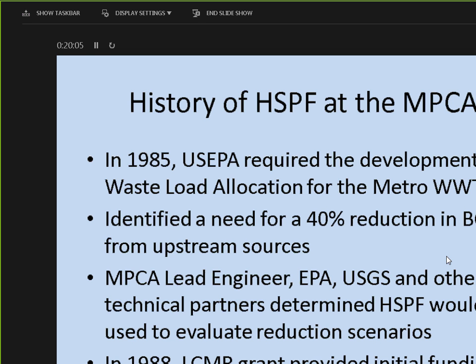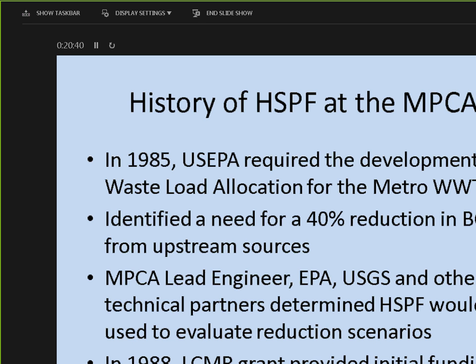So the history of HSPF at the MPCA: I started in '90, so some of this predates me. In 1985, the MPCA had to develop a waste load allocation for the Metro wastewater treatment plant, and that allocation identified a need for a 40% reduction in BOD from upstream sources. So the MPCA lead engineer, in conjunction with other federal experts, determined that HSPF would be used to evaluate the reduction scenarios.